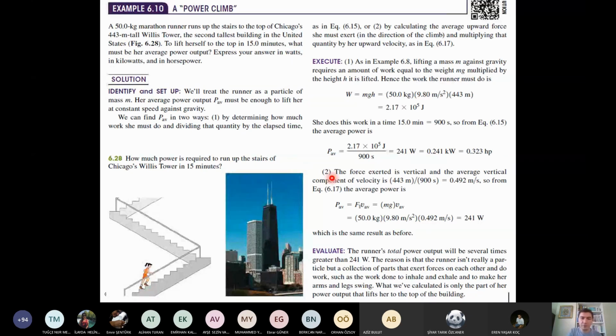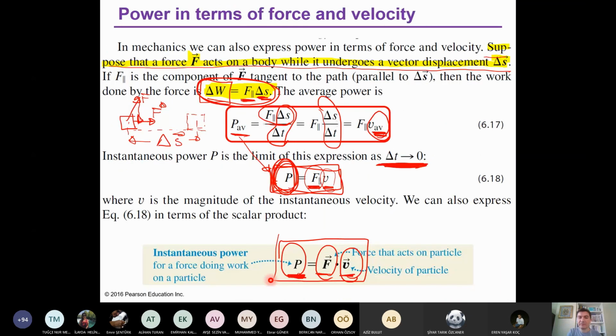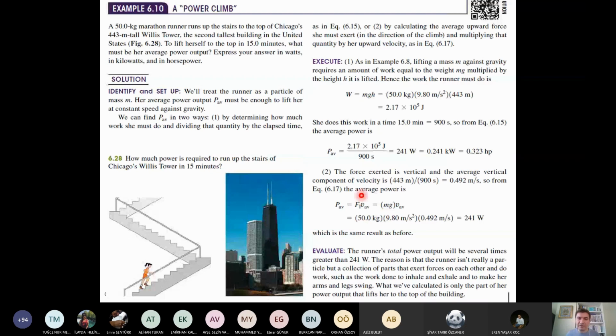Remember this formula. Average power is also related to force and velocity with this expression. So the average force is the normal force in upward direction, and then the velocity. What is the average velocity? Is it given? You can calculate the average velocity. You know the height of the building and you know the time, so displacement over time.